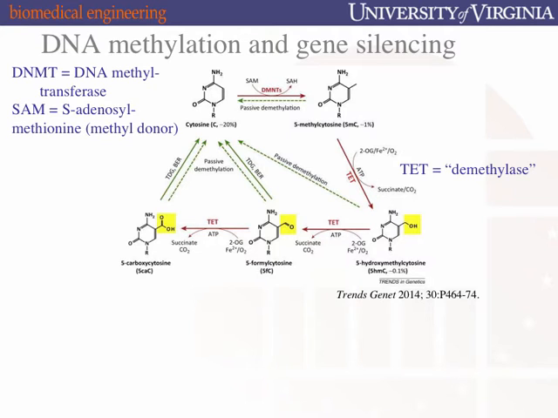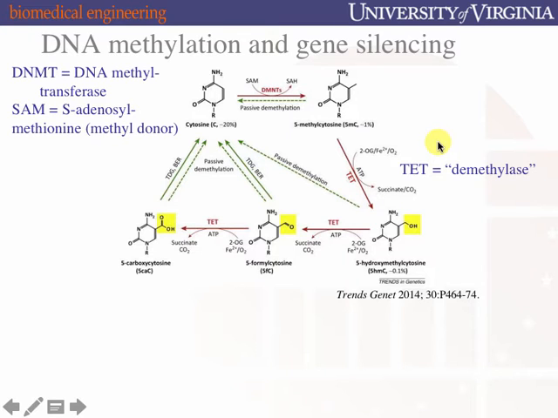It was only maybe 15 years ago that the first demethylation mechanisms were uncovered. And partly the reason is that the methylation mark on the cytosine is extremely stable. It's not simply a matter of just clipping off the methyl and you go back to the cytosine. And so the way that demethylation is catalyzed is by a dioxygenase called TET.